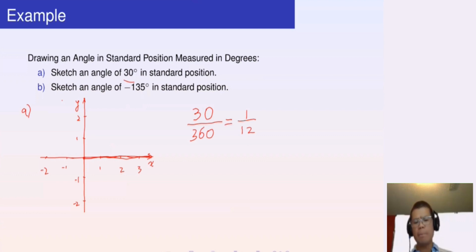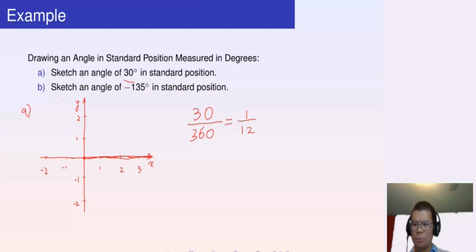Now I would like to draw this 1/12 of a full circle, but 1/12 of a full circle is not quite easy to see. You would have to separate the full circle into 12 equal parts and then draw one of them, so it's not an easy problem.